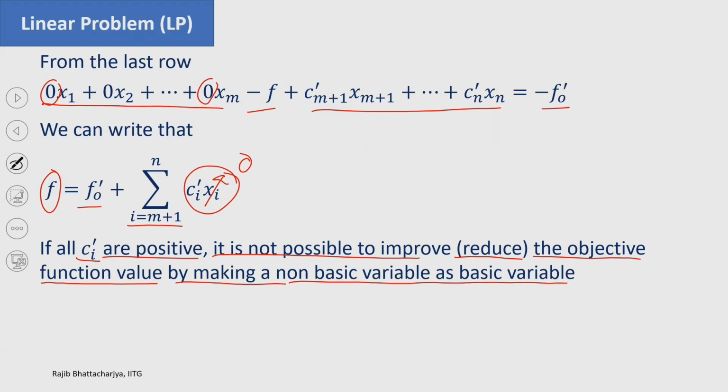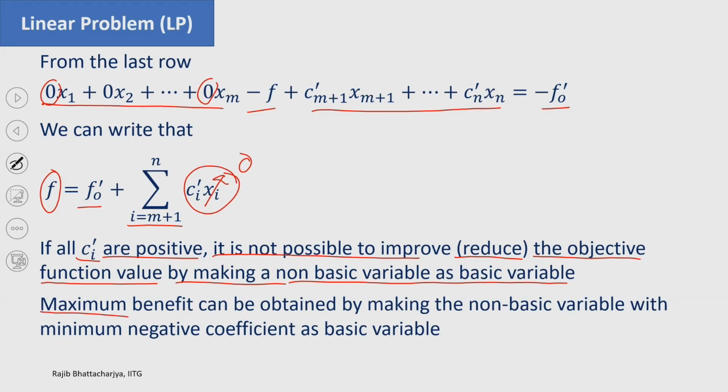As I showed you in the last class, if all c I dash in the objective function row are positive, it is not possible to improve the objective function value by making a non-basic variable a basic variable. So, maximum benefit can be obtained by making the non-basic variable with minimum negative coefficient a basic variable.